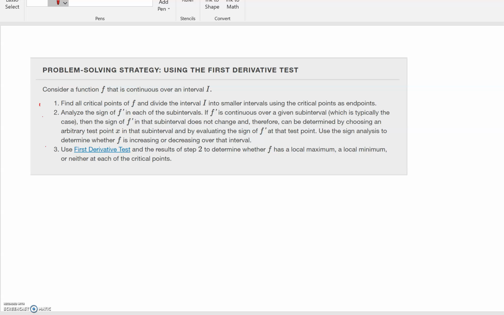So you get your critical points, and then you cut the interval I, which might actually already have a hole in it. That's possible, because it depends on the domain of the function, right? But anyway, you take your interval I, let's say your interval is A to B, open interval, and C is a critical point.